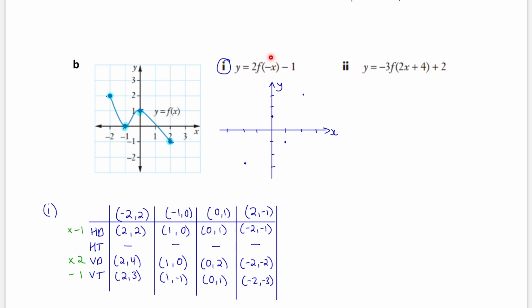Notice that my x values are changing. So I'm actually reflecting across the x-axis here. So when I go to connect up my points, I'm going to have turning points here and here. And then finally, I'm just going to label those coordinates on the graph.